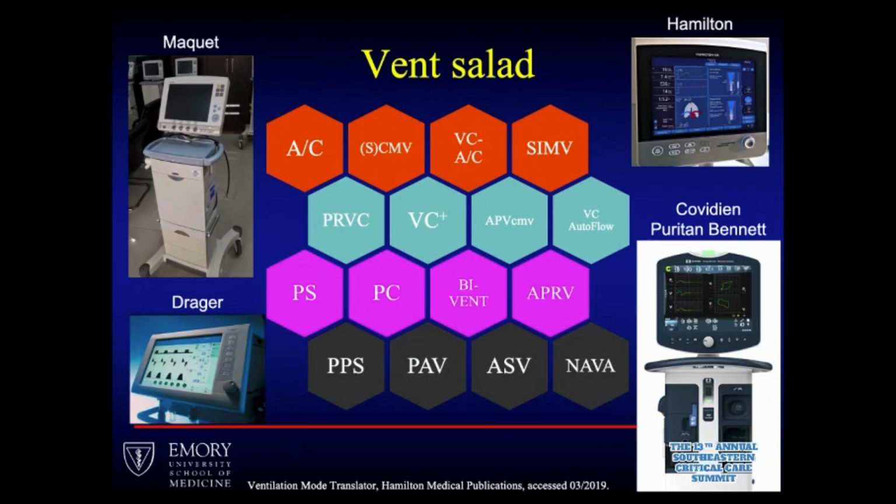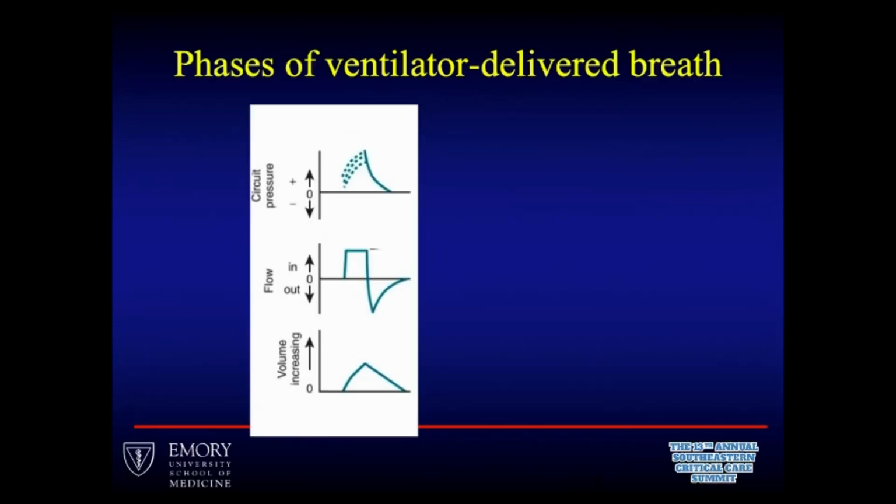There is standard accepted terminology, and I'll try to use those as I go through things. So the different phases of the ventilator-delivered breath I'm going to depict here, and it depends a little bit on the mode, but essentially in each mode, the inspired breath should begin with the trigger, which is the line marked with red here. And that's when the breath begins.